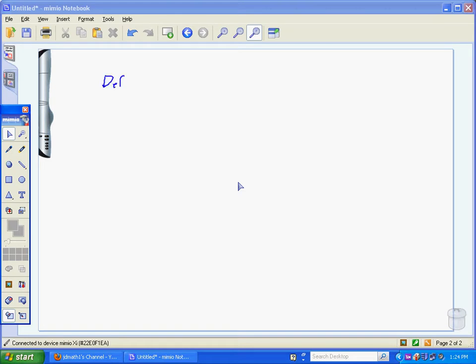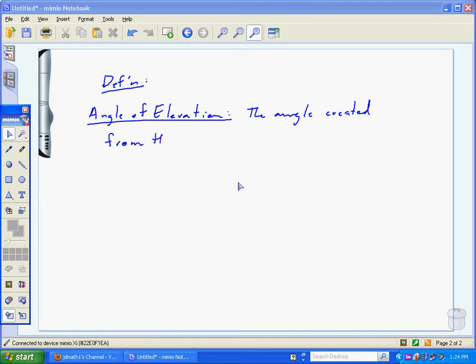Let's go here, definition. You would have got these in grade 9 anyways, but just a refresher. Angle of elevation. The angle of elevation is simply the angle created from the horizontal when looking up.